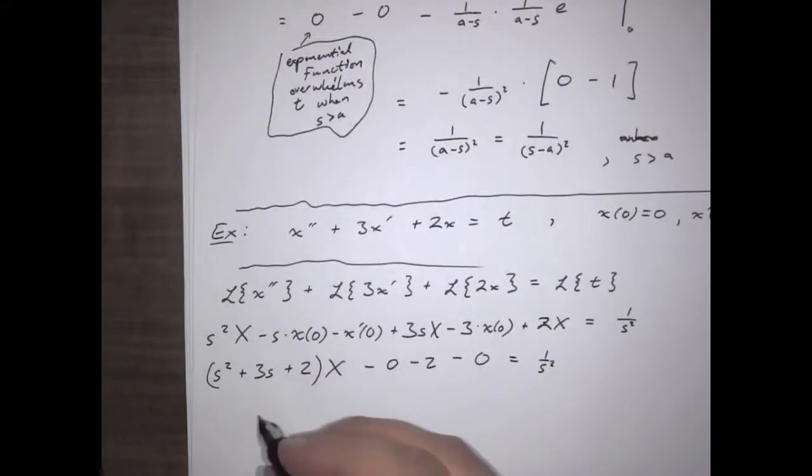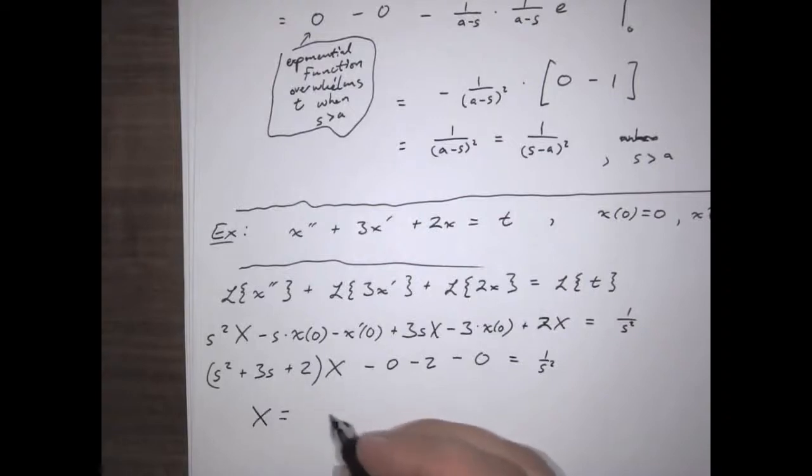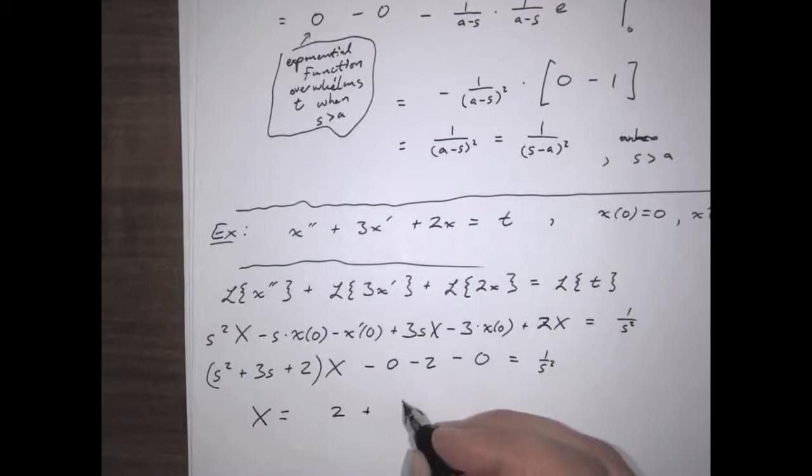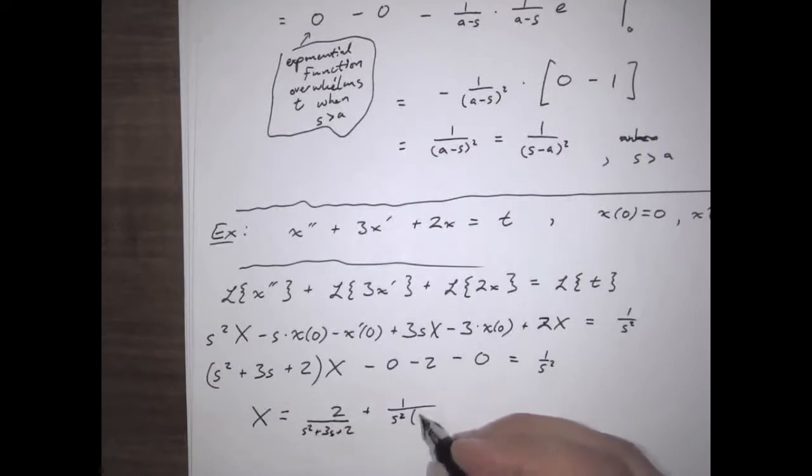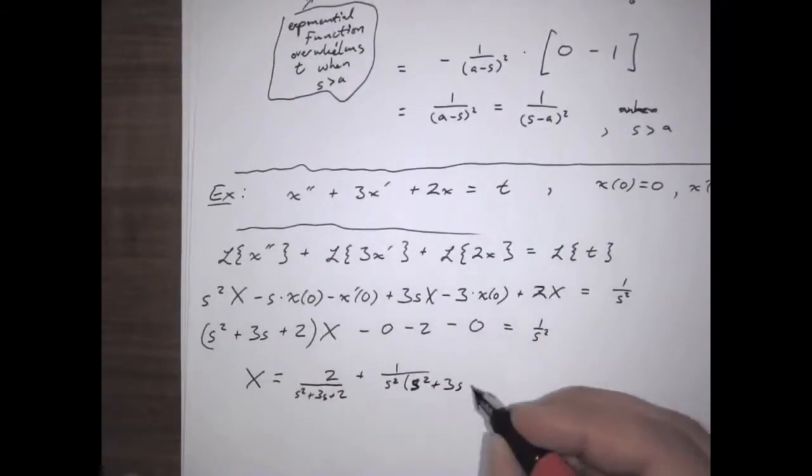And so then what we're going to have is x equals 2 plus 1 over s squared, and this is going to be divided by s squared plus 3s plus 2, and this is going to be s squared plus 3s plus 2 as well.